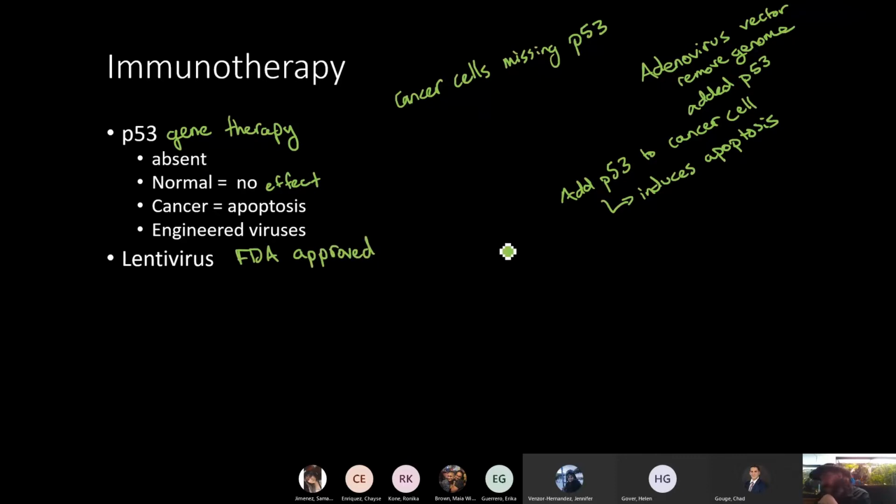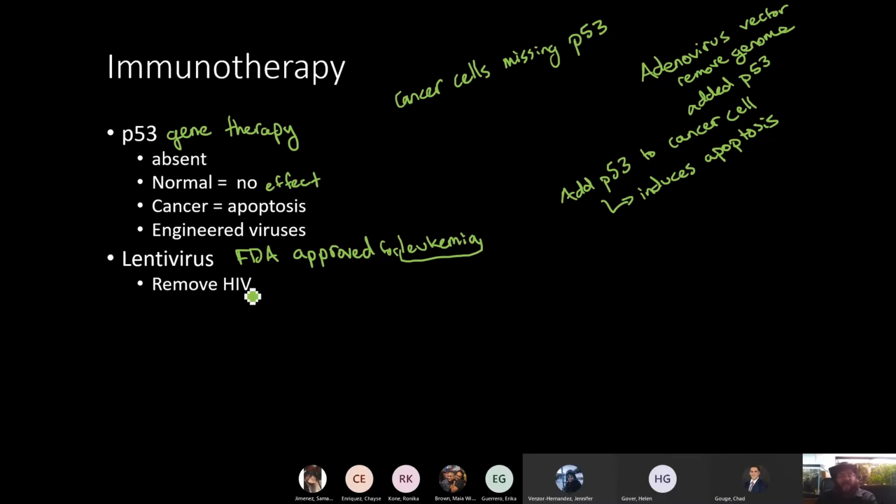It is an FDA approved treatment for leukemia, and it is a lentivirus genetic therapy treatment. A lentivirus vector is a fancy way for talking about something that people might find terrifying.